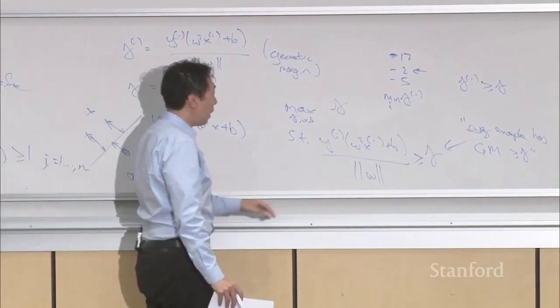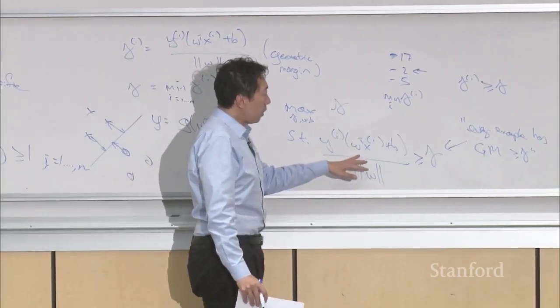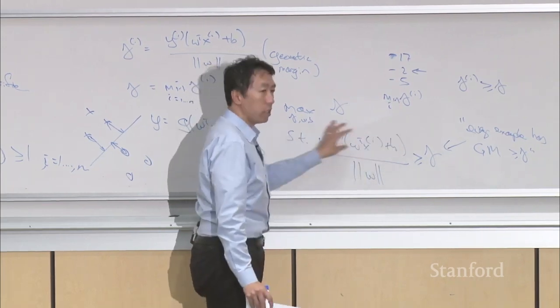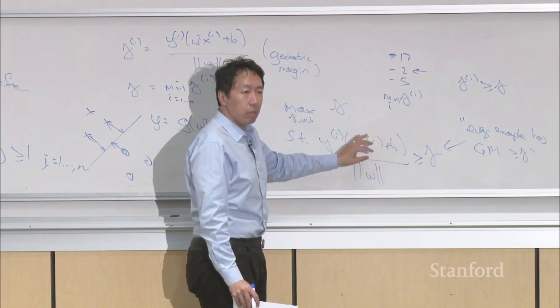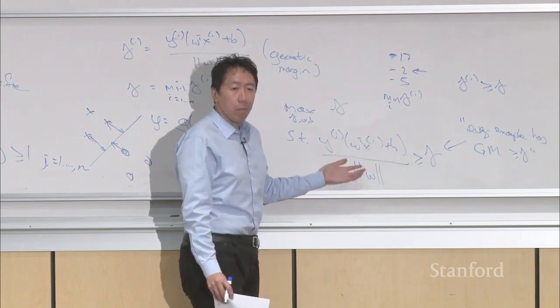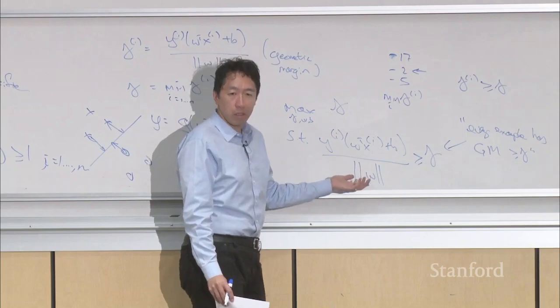Okay. And then the last step to turn this problem into this one on the left is this interesting observation. You might remember when we talked about the functional margin, which is the numerator here, that you can scale W and B by any number, and the decision boundary stays the same. Right?